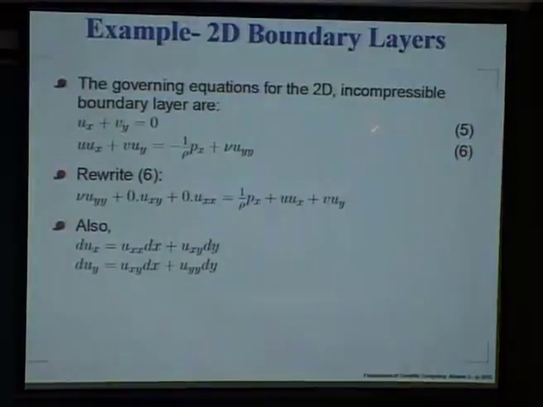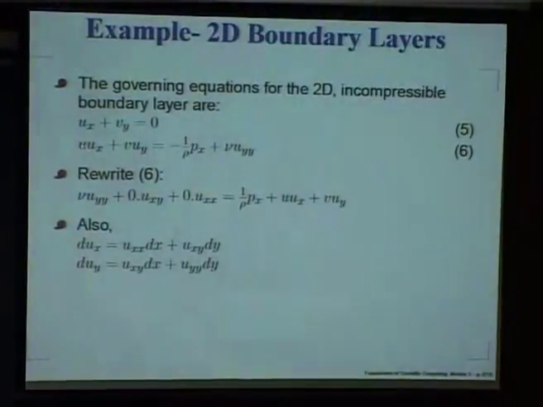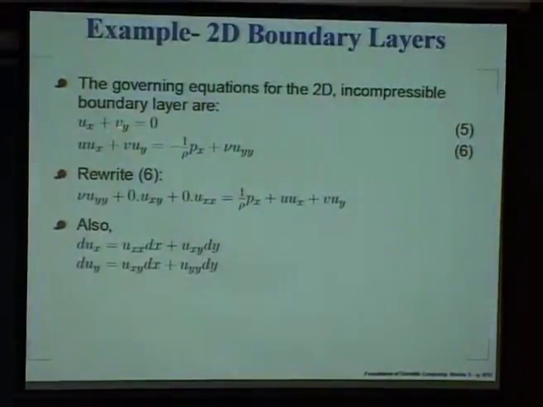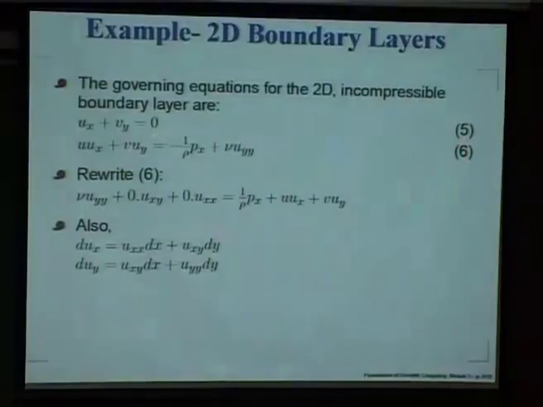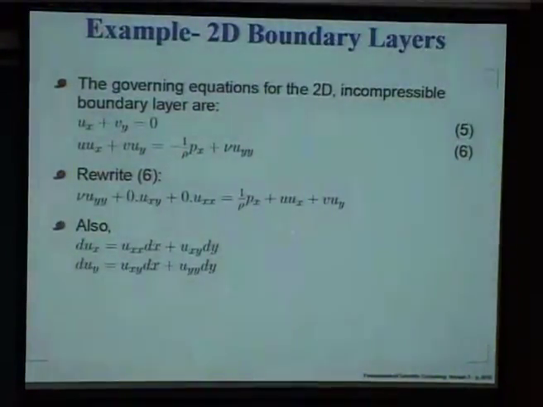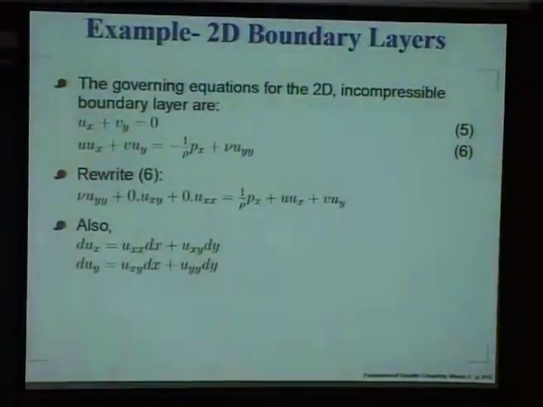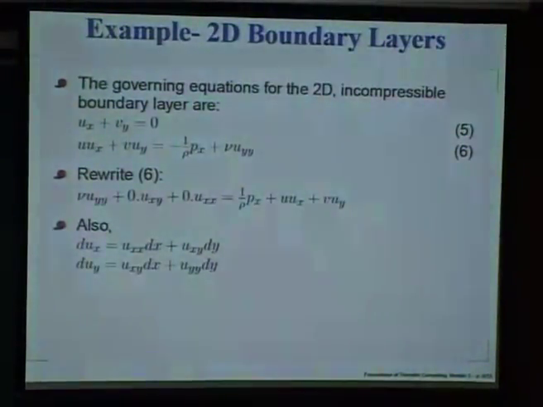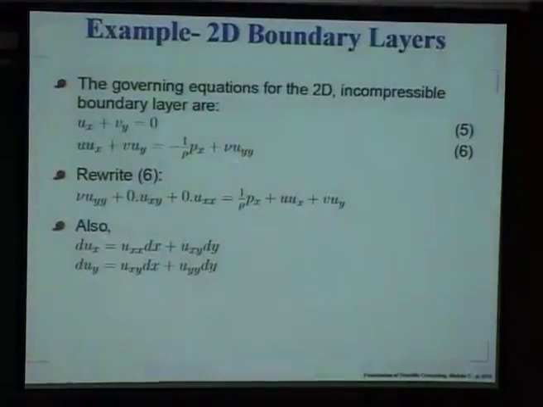Remember that the boundary layer that we had obtained had two equations, one originating from mass conservation that gave us u_x and v_y here, and the x momentum equation we wrote in terms of this. And what we now see when we are trying to solve this equation 6 is that you have the highest derivative as this.